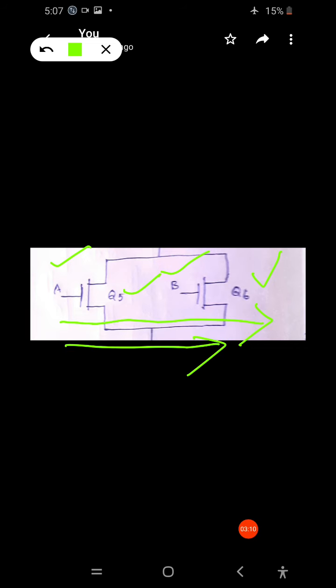And in the next slide, the NMOS transistors of A and B should be connected in parallel. Q5 and Q6 are the NMOS transistors of A and B, and they should be in parallel here, right? NMOS transistors should be connected in parallel, whereas PMOS should be in series.